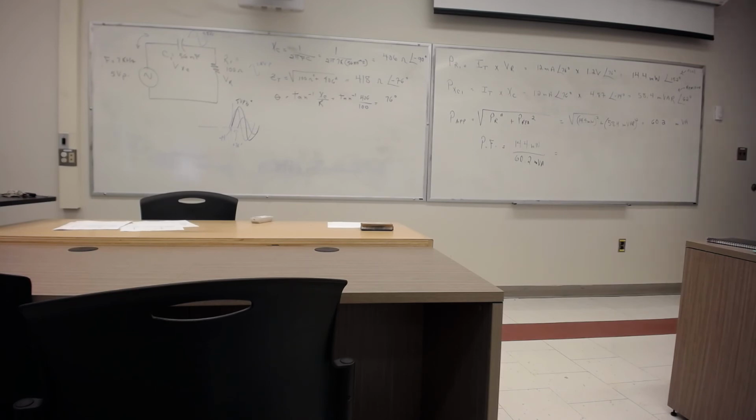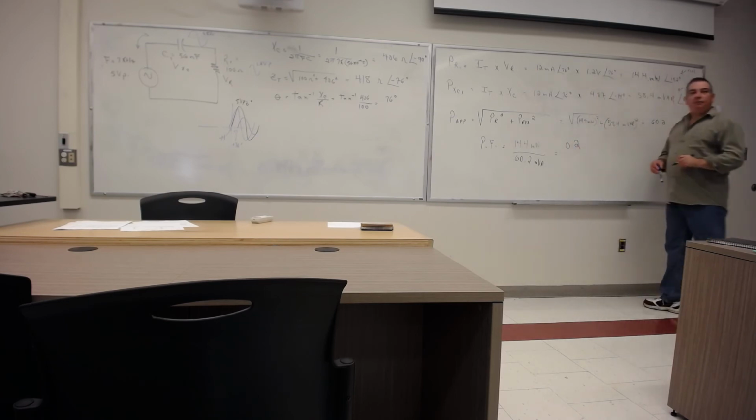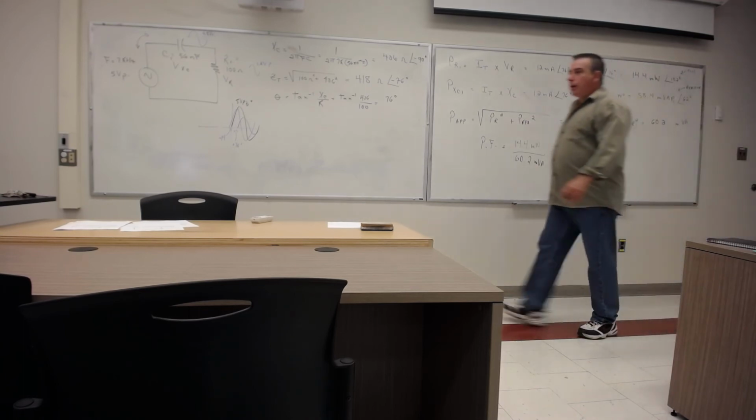We'll do 14.4 divided by 60.2. Tell me what you get. 0.2. 0.2? Okay. That's your power factor, 0.2. Not very good, but that's what it is. Okay?